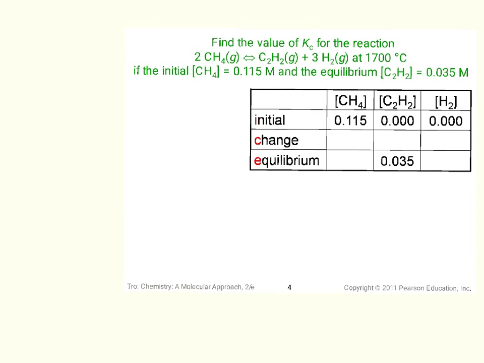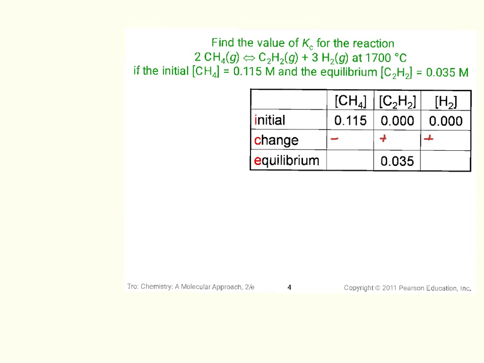Okay, let us start. Our ICE table is established with all the information which is provided. The next step is to figure out the signs in change of concentration. It's going to be negative for methane, and positive for acetylene and for hydrogen, because they're products.